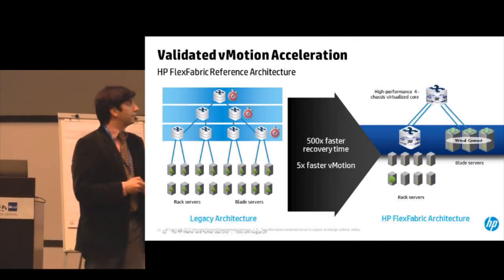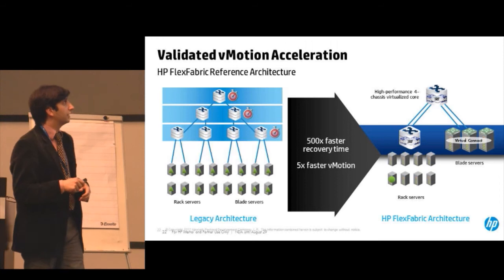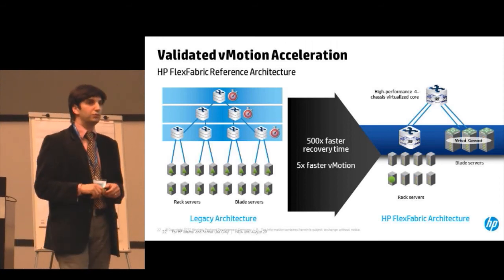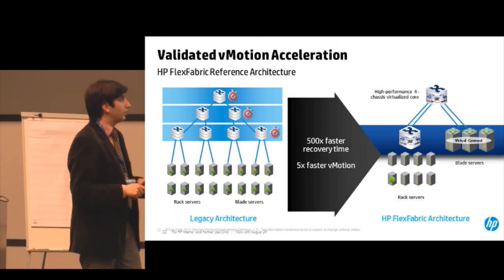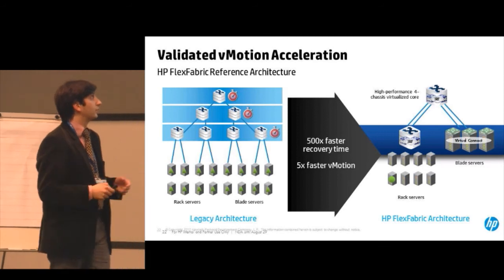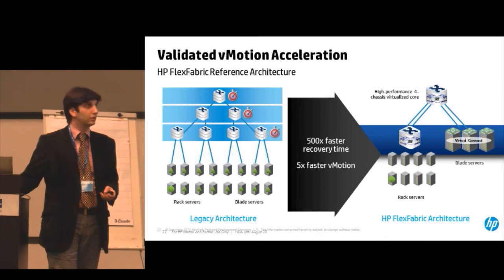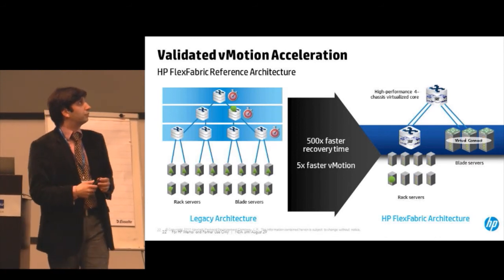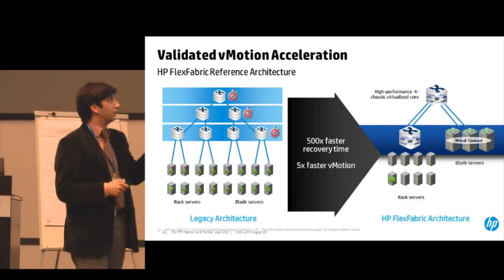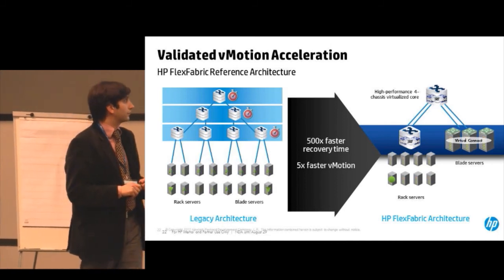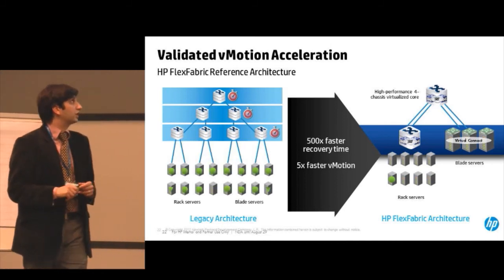When we apply the classical hierarchical network design to virtual infrastructures, we make this server-to-server traffic go up the hierarchy and consume uplink bandwidth.